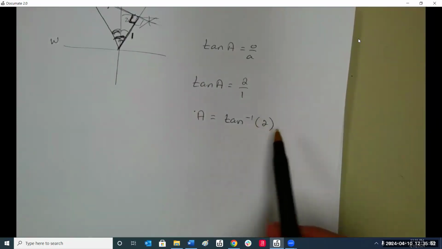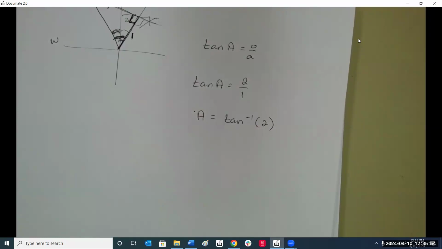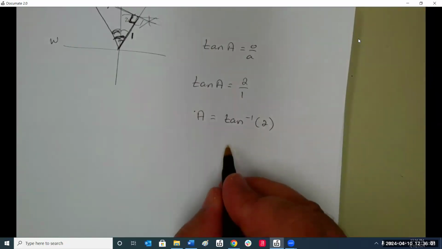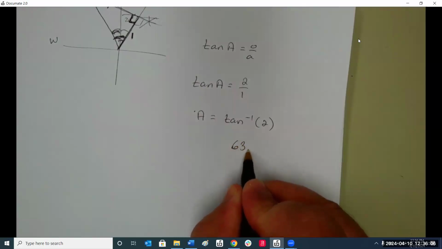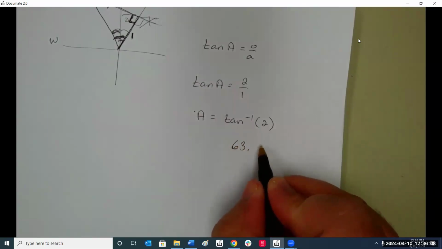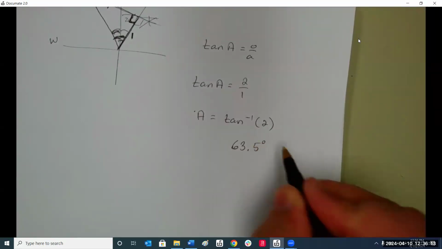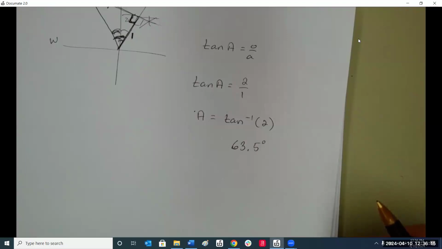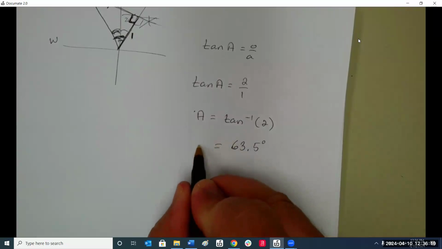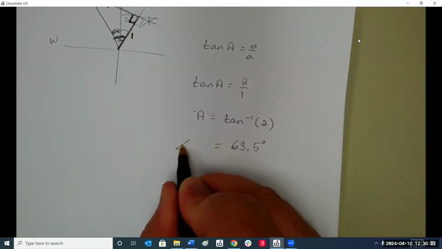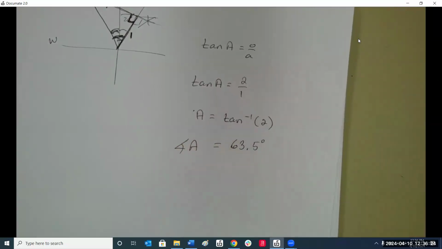So what is the inverse tangent of 2? What's that? 0.410? Yeah. 63 point, what? Yeah, you're in radians. That sounds awfully small. So the angle alpha is approximately 63.5.